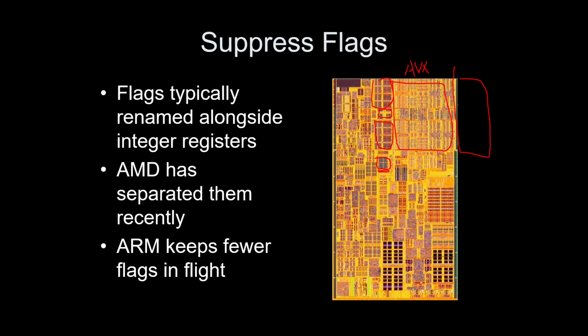Now, Intel actually keeps as many flags as their integer registers, because so many x86 instructions write to integer registers and the flags at the same time that it makes sense to rename them together. AMD has recently separated them. Intel may be looking to do the same, but you can start to see the issue with this. You can see how much area is in the register files. You can see how much area is in execution units.